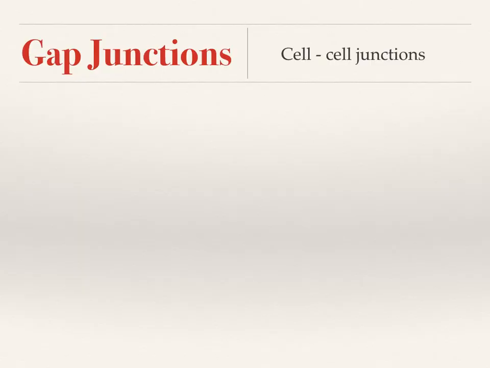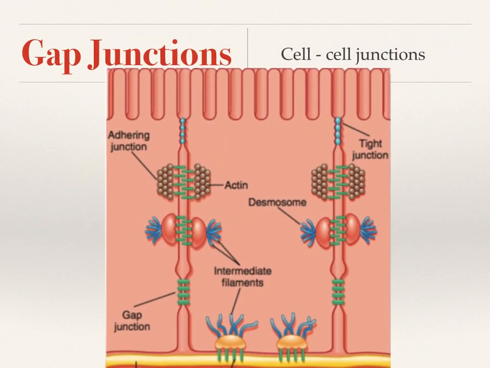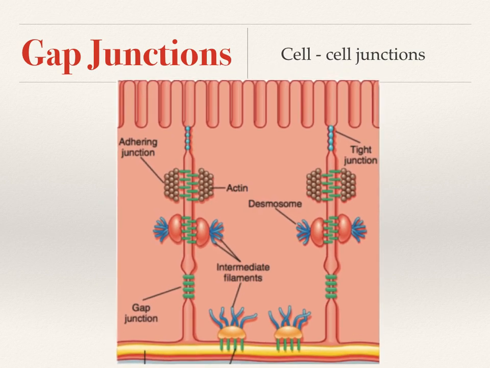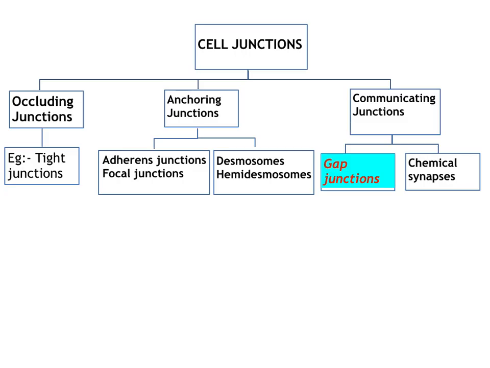So, today we will be studying gap junctions, which are part of cell to cell junctions or communication. Basically, when we talk about cell junctions, it includes three types of junctions, that is occluding junctions, anchoring junctions, and communicating junctions. Occluding junctions are, for example, tight junctions.